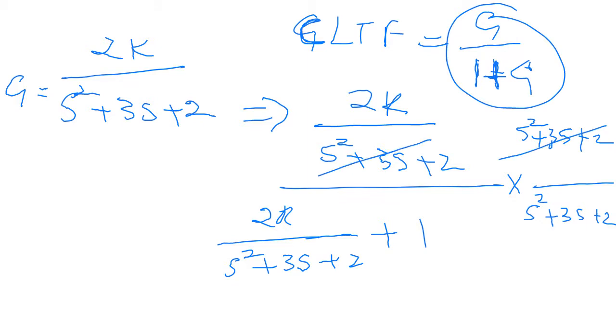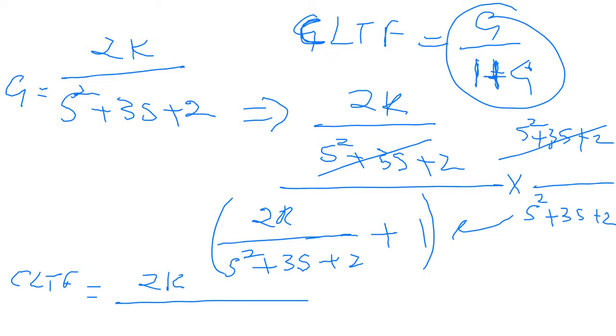We're going to end up with the closed loop transfer function equal to 2k all over, watch this carefully, 2k plus s squared plus 3s plus 2.